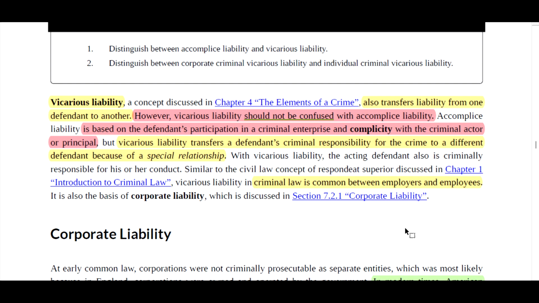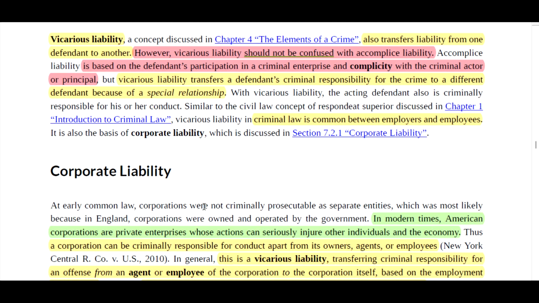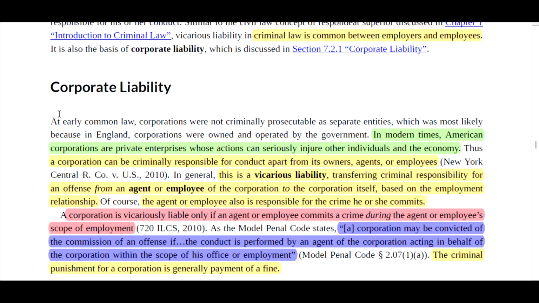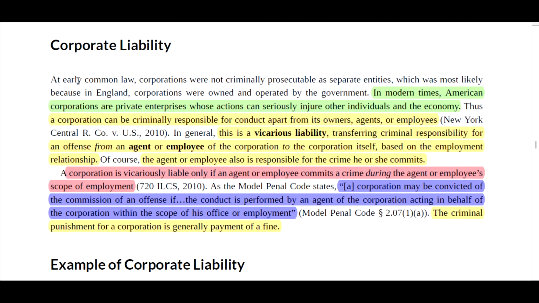It's like a subsection of vicarious liability. Its roots are in vicarious liability, but as our society has advanced and corporations have become more and more vast and less focused, it's become an issue where we have to have this. So let's get right into corporate liability so we can get back to general vicarious liability.